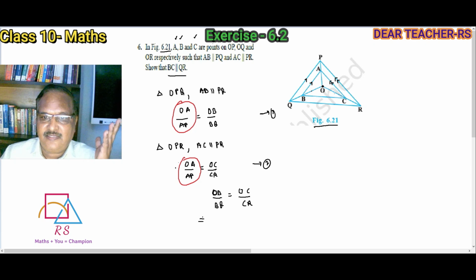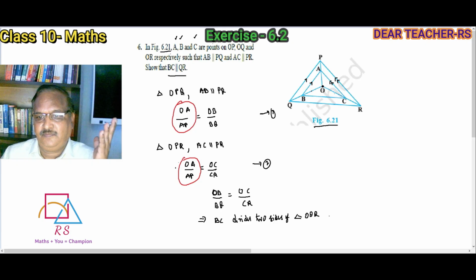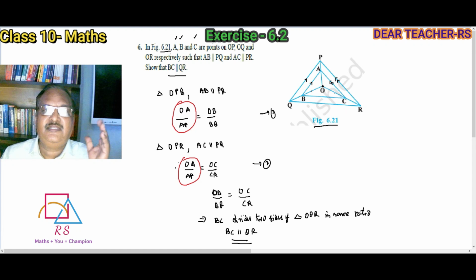That implies BC divides two sides of triangle OQR in same proportion. I'll write ratio. Therefore, BC is parallel to the third side, that is nothing but QR. This is what we have to prove.